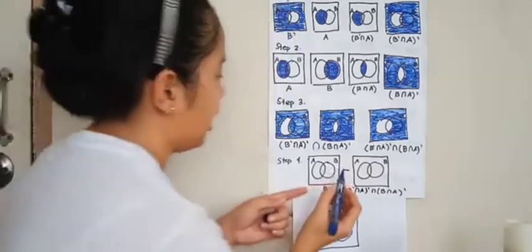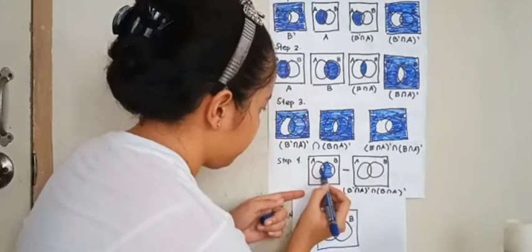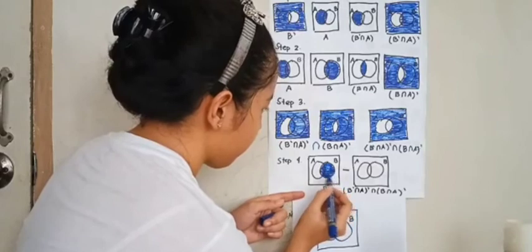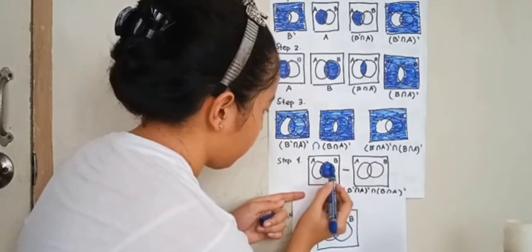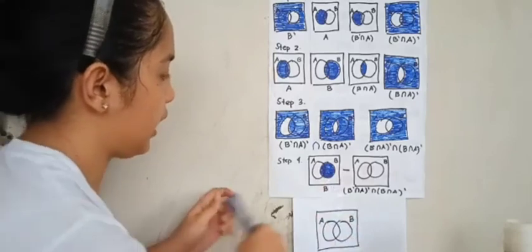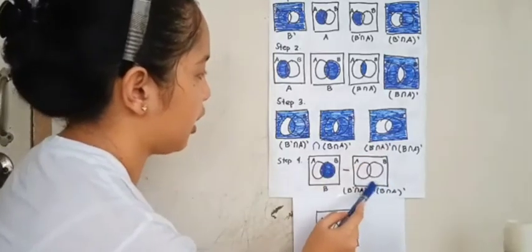So we need to shade circle B. All in circle B. Okay, it looks like this. So also we need to copy this one here.